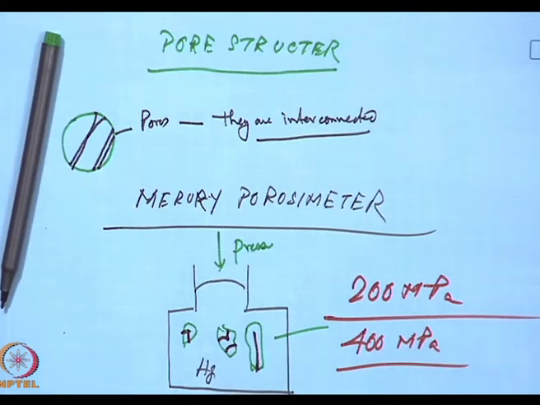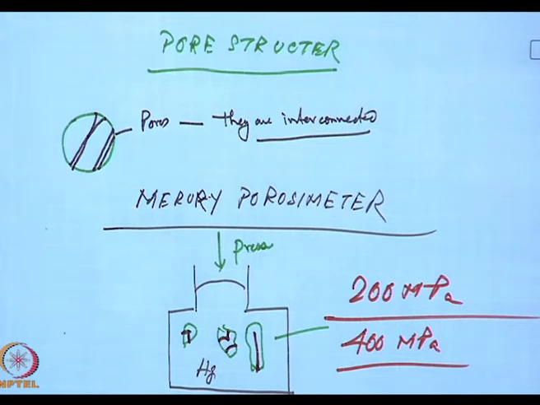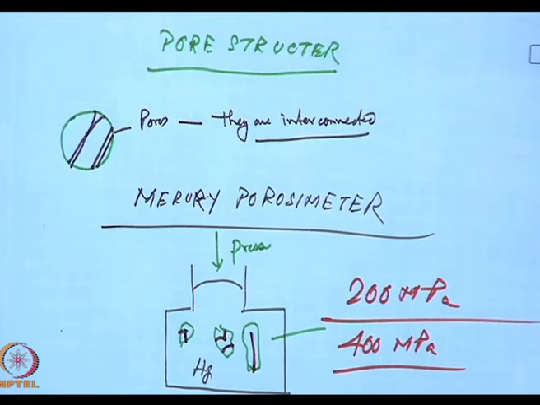The mercury flows into the pores, and after that, if you depressurize and then weigh the particles, obviously the weight would be much higher because of the mercury in the pores. Since you know the density of the mercury and the particles, you can from there find out the porosity.